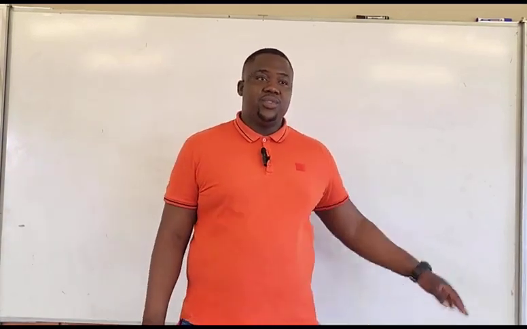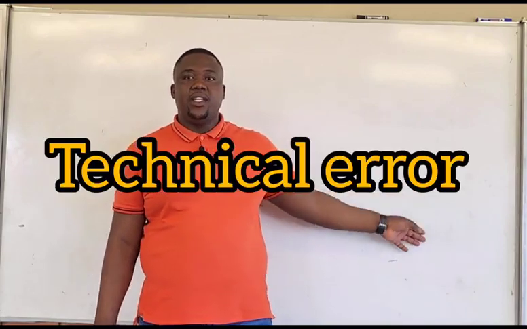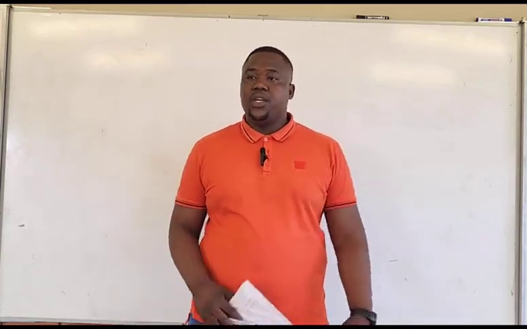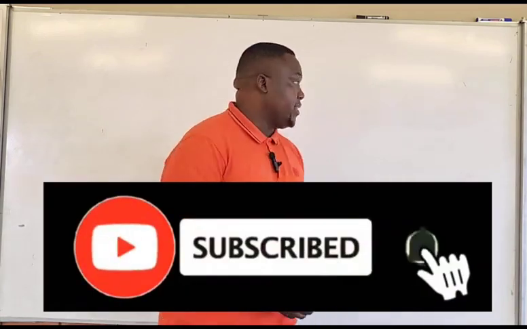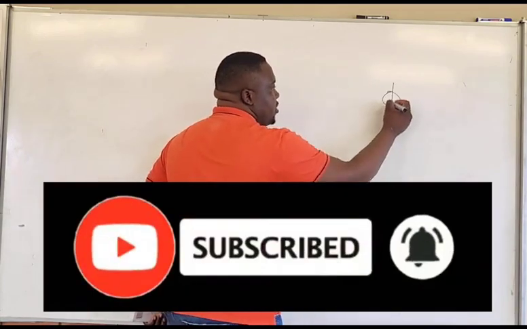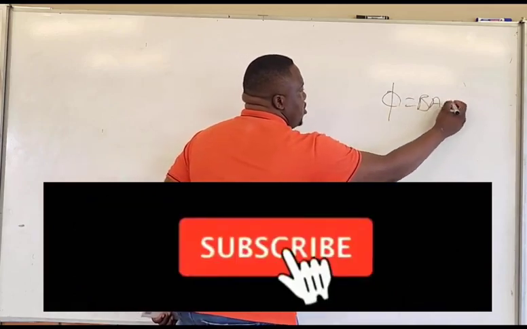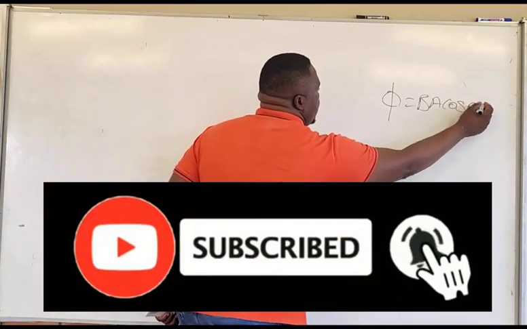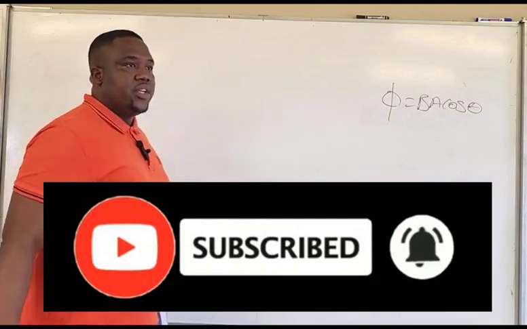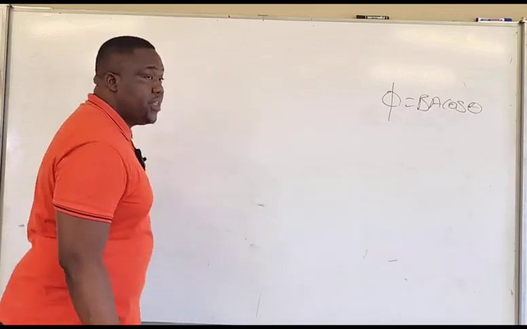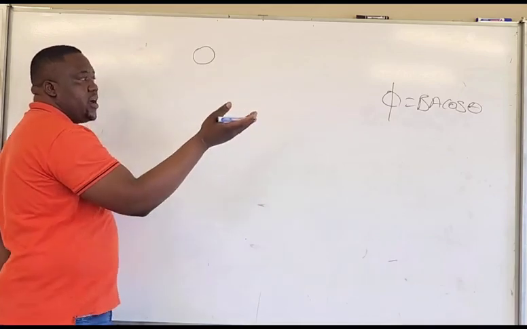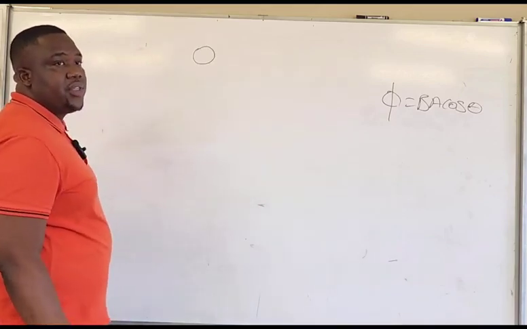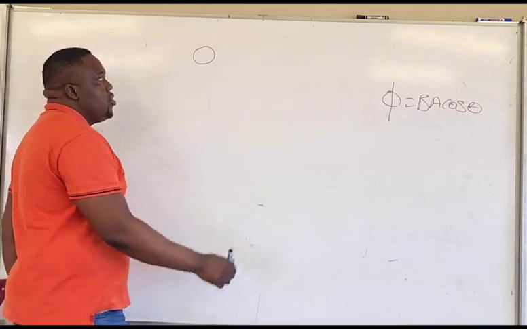Okay, welcome back. I want to demonstrate to you the magnetic flux, where we'll be talking about theta. Magnetic flux is given by BA cos theta, where B is the magnetic field strength, A the area, and theta is the angle between the normal line and the magnetic field line.